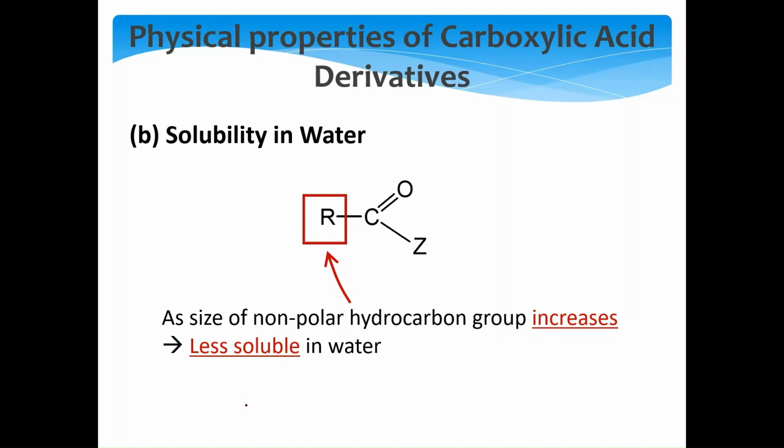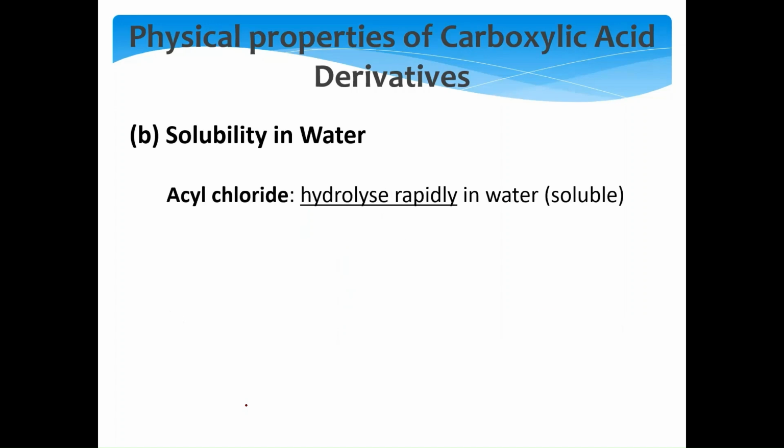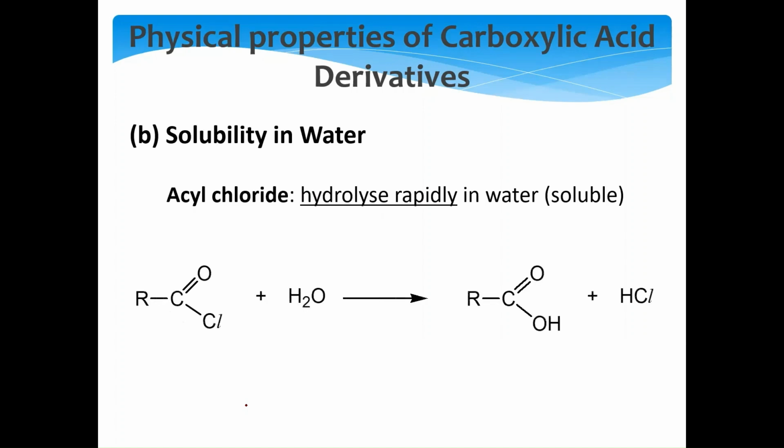Now, for acyl chloride, they can hydrolyze rapidly in water, as you can see in this equation. If you put an acyl chloride in water, you'll get a carboxylic acid and HCl. So in other words, they react with water. And of course, this will also mean that they are soluble in water.